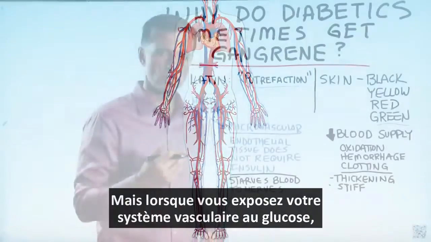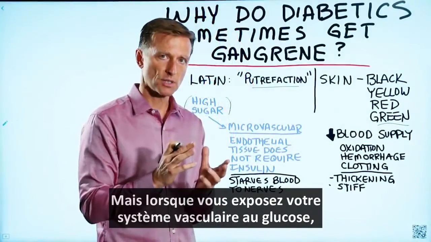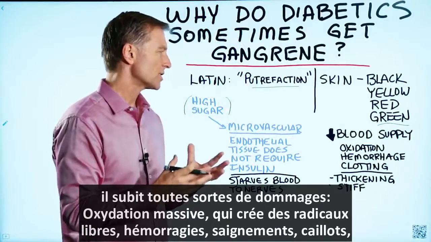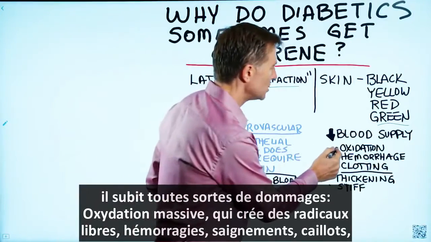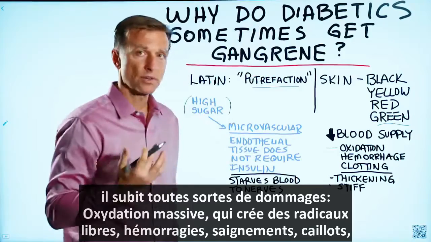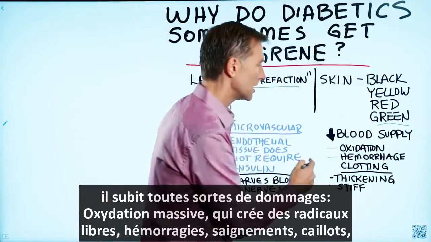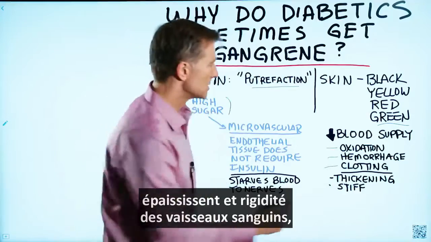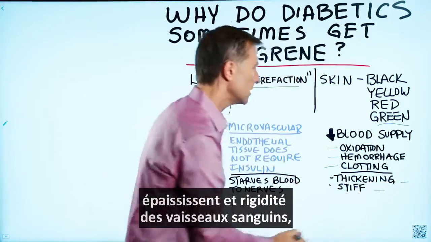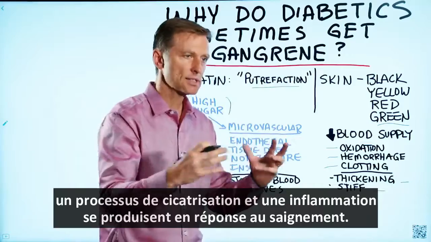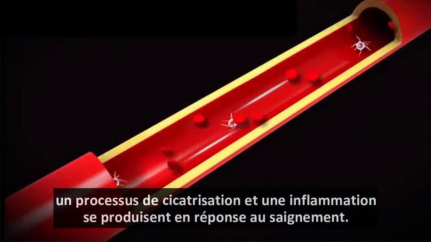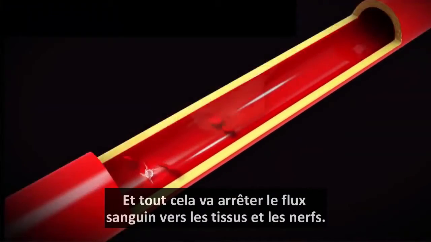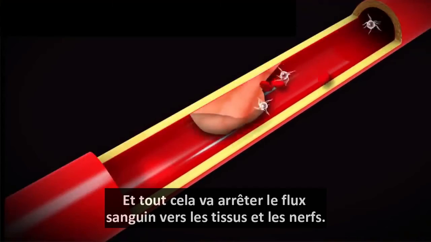But when you expose glucose to your vascular system, you get all sorts of destruction. You get massive oxidation, which creates free radicals, hemorrhaging, so you're getting bleeding, getting clotting. The vascular system is becoming thicker and stiffer, and you're getting a healing response, an inflammatory response. And all of this is going to stop the blood flow to the tissues and to the nerves.